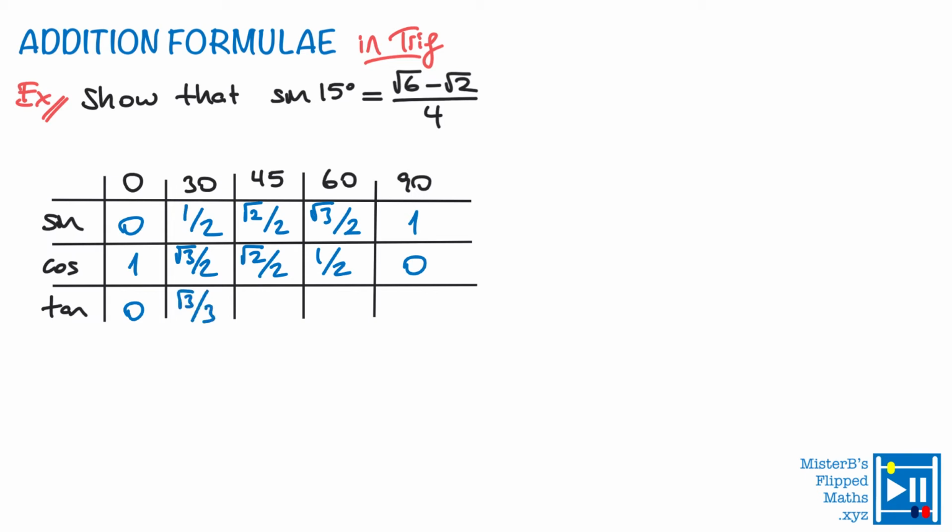These two values are the same, so if you divide them you get 1. Here tangent will be root 3, and for 90 degrees tangent is undefined as you cannot divide anything by 0.